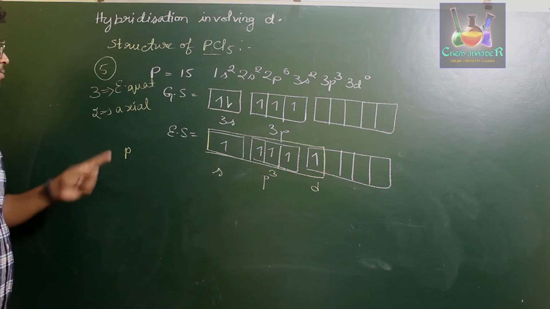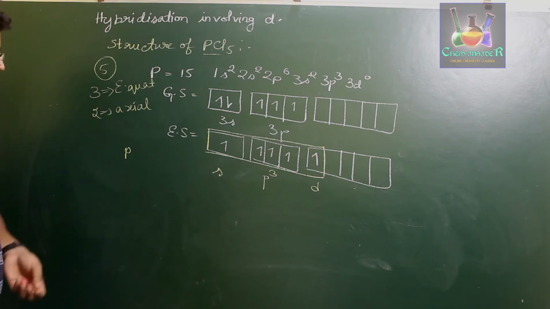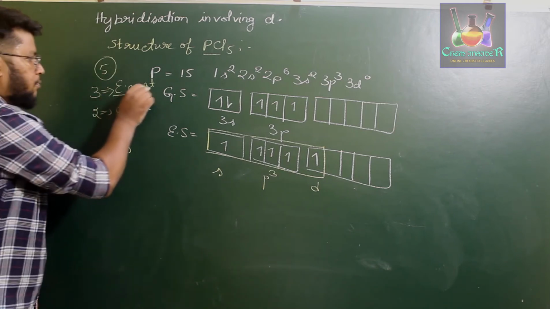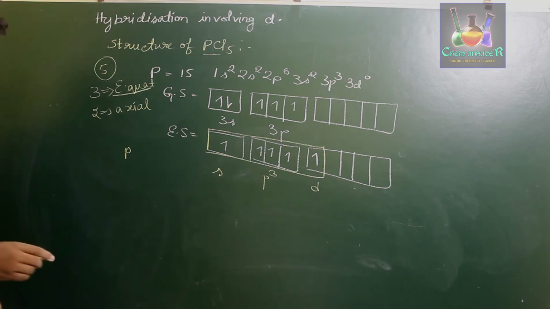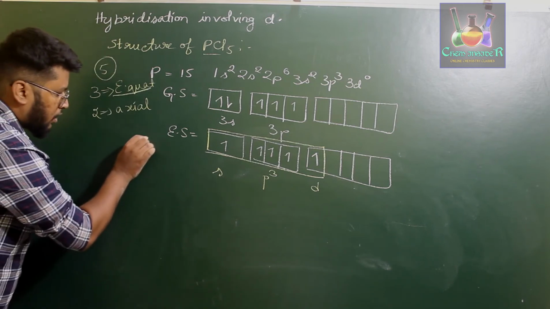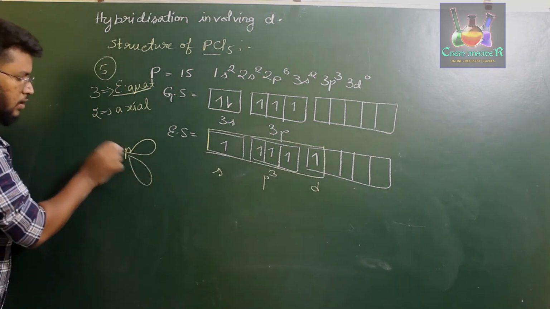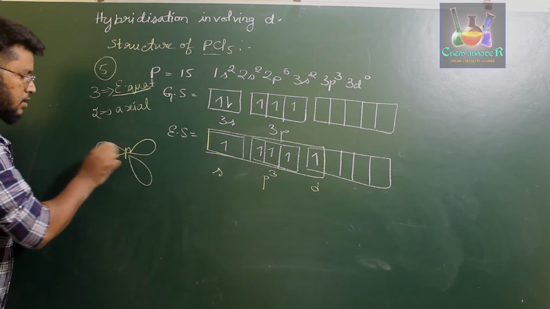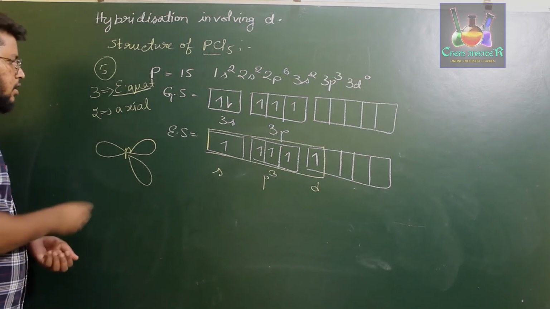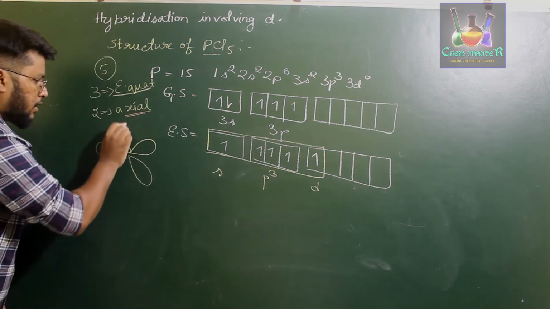If I mark the equatorial position orbitals in yellow chalk, they are like this: one in this direction, one in this direction, and one in this direction, and those in the axial position will be in this direction.